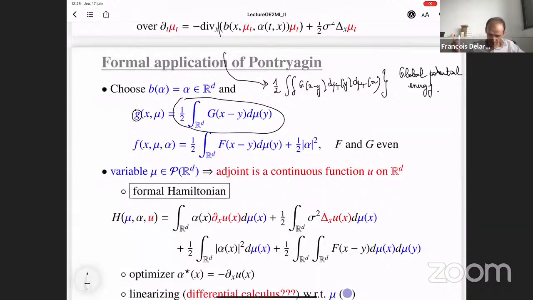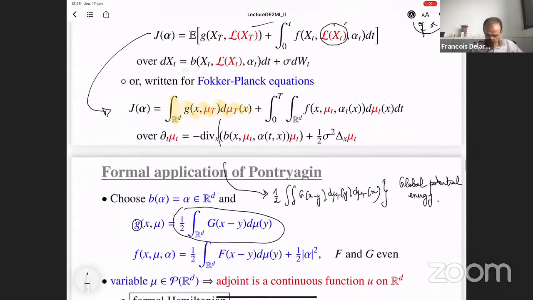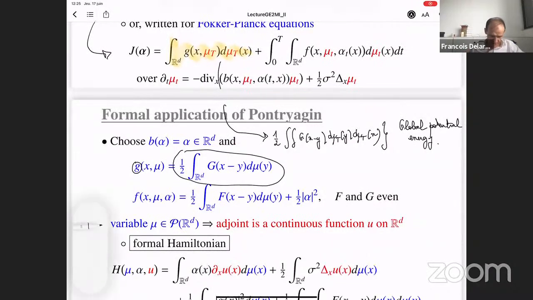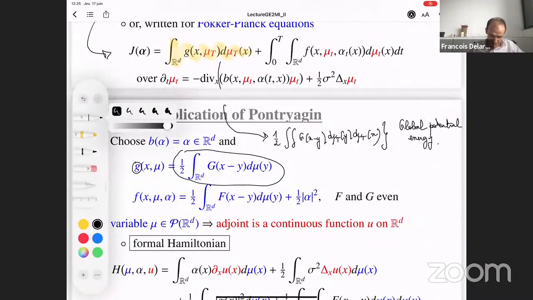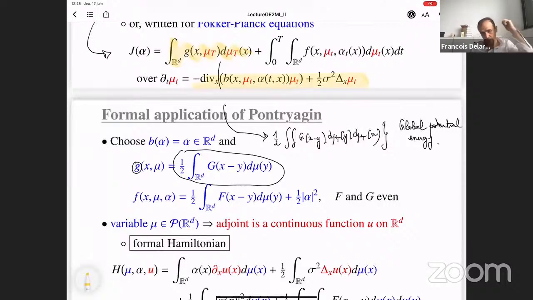So the way you get the Hamiltonian is to let your state dynamics, so this is the state dynamics that you have, act onto a dual variable that is going to be in the end associated with your optimal strategy.